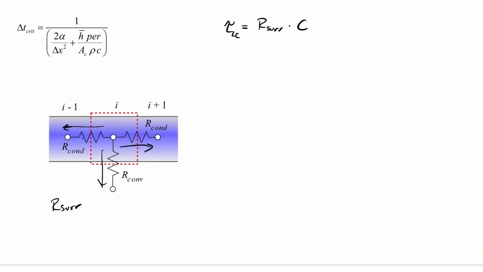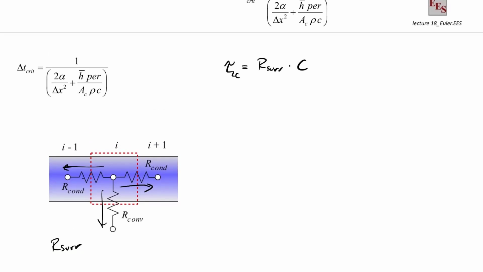Okay, so if we do this, we would say tau is equal to what's our surroundings? Well, it's 1 over our conduction plus 1 over our conduction plus 1 over our convection. Right, so parallel resistance there. And then the heat capacity of the object we'll just leave as C for now. So let's rewrite this with our actual values.